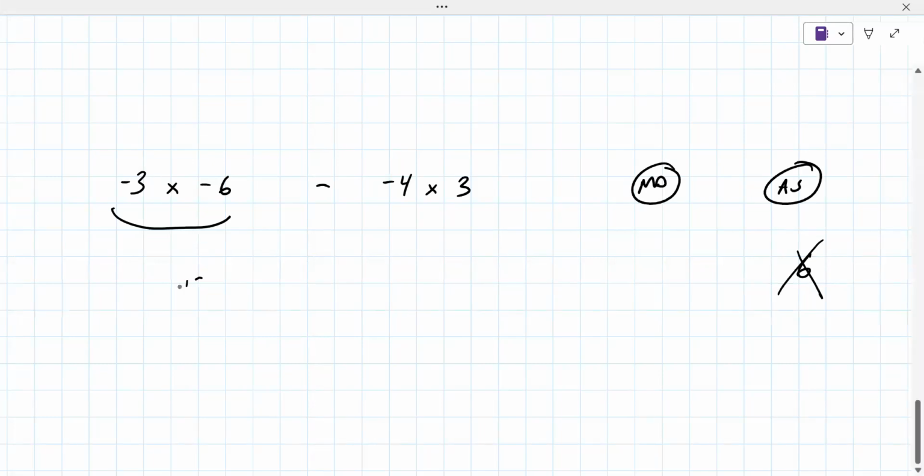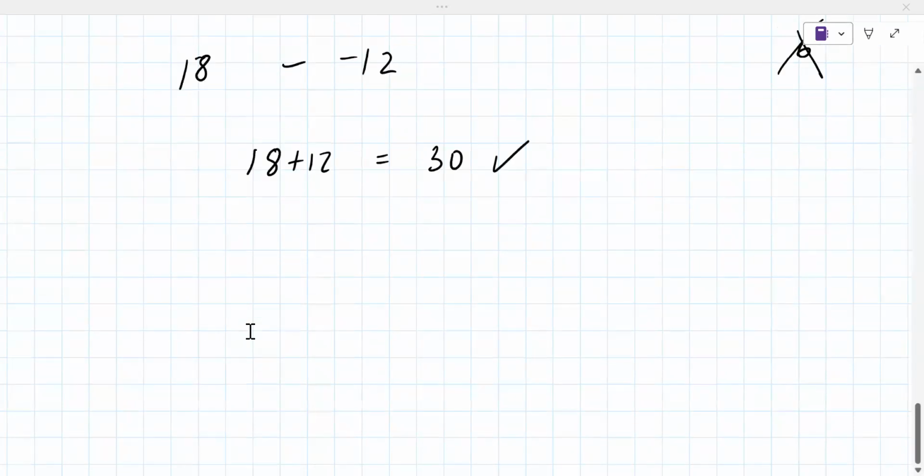So we got 18 minus a -12, which becomes 18 plus 12, which is 30. Very good. Doing great. Good effort today so far. Keep it up here. More problems to try. We're just sequencing through this kind of thing.